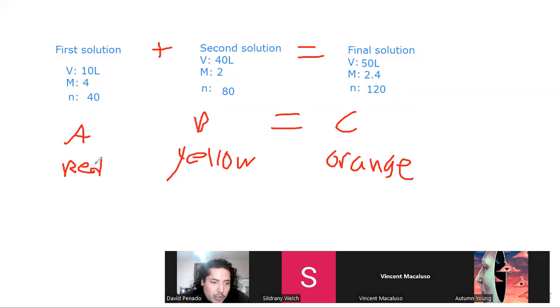The molarity of 1 is the concentration of red. The molarity of 2 is the concentration of yellow. You mix the two together, and it's a 2.4 molarity of orange. Got it.